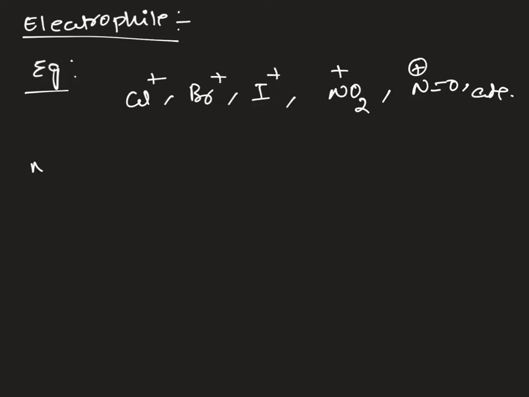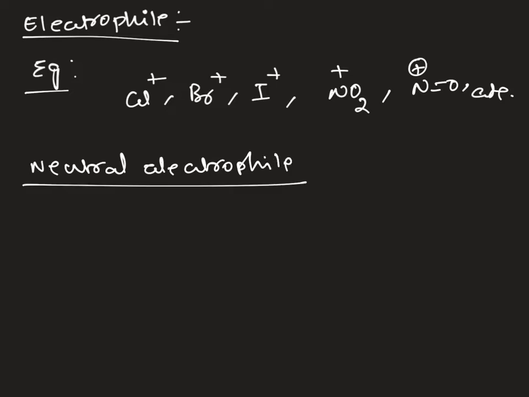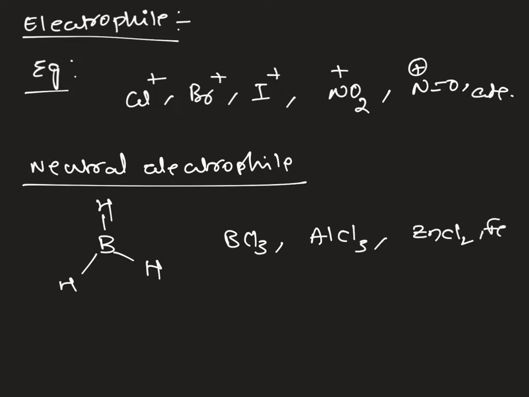Let's take neutral electrophiles. BH3 or BCl3, AlCl3, zinc chloride, FeCl3, all of these come under neutral electrophiles. And in all these cases there is a vacant orbital.